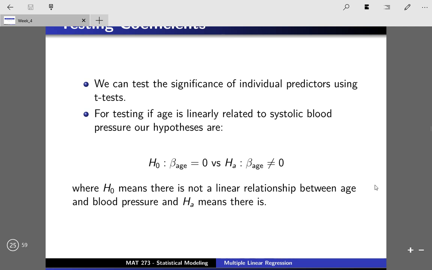For example, if we want to test if age is linearly related to systolic blood pressure, we can test these corresponding null and alternative hypotheses. The null hypothesis states that there's no linear relationship between age in years and systolic blood pressure in millimeters of mercury. And the alternative hypothesis is that there is a linear relationship between age in years and blood pressure.